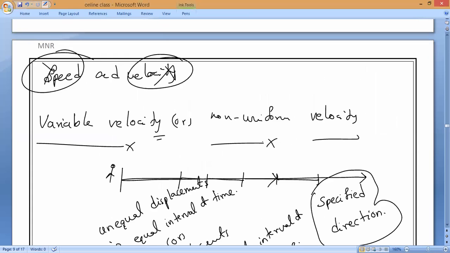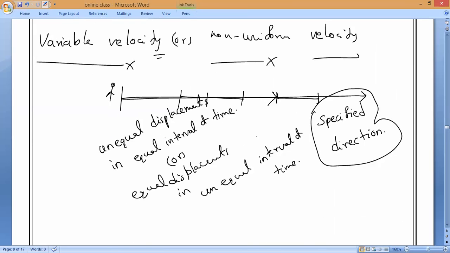So what is variable speed, guys? Non-uniform speed: unequal distances in equal interval of time. But here we are talking about unequal displacements in equal interval of time.